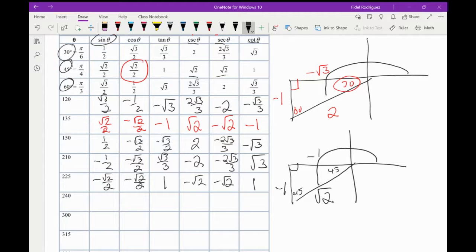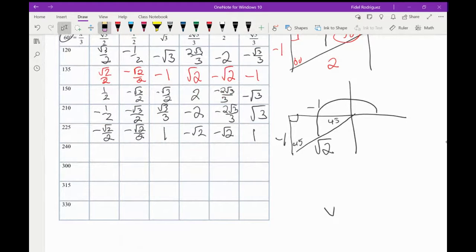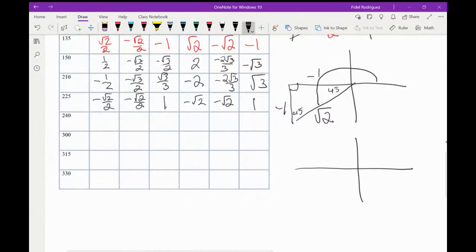All right, so guys, I'm going to draw one more triangle here. So let's go like this. Boom. And now we're looking at 240 degrees. So 240 degrees is going to be something like this. And let me make my picture a little bit better.